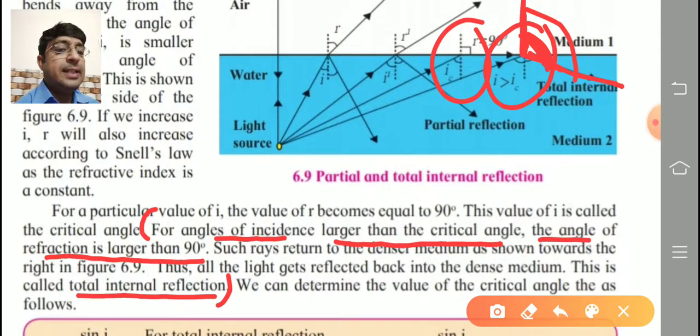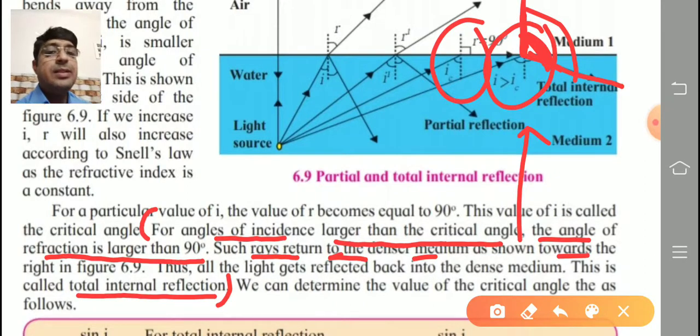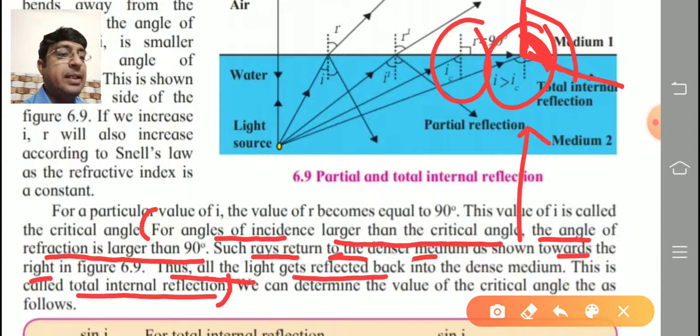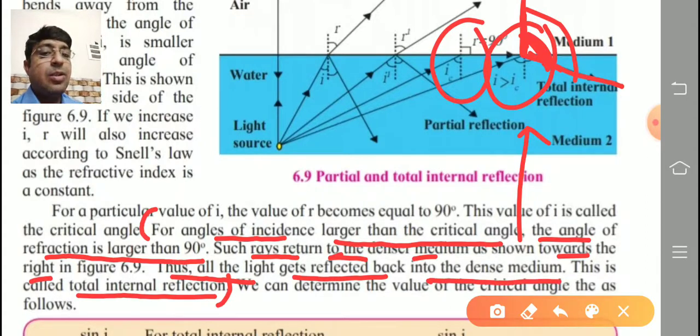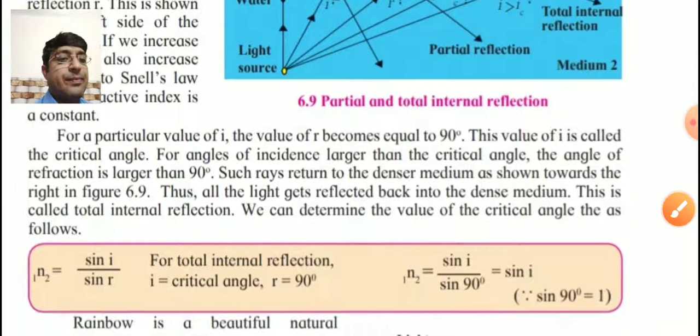Such rays return to the denser medium as shown in the figure here towards the right. Thus, all the light gets reflected back into the same medium, that is the denser medium, and this is called total internal reflection. You mark this third answer.